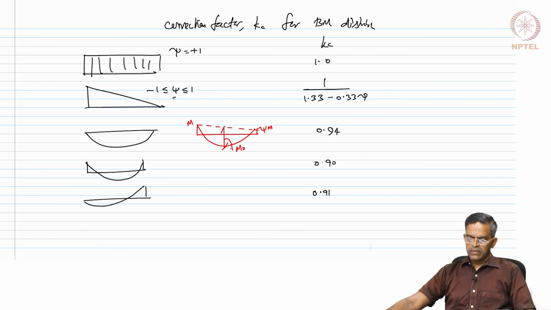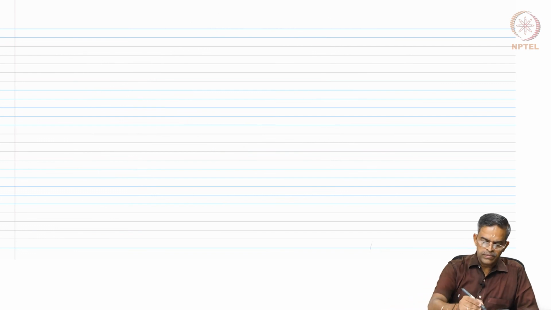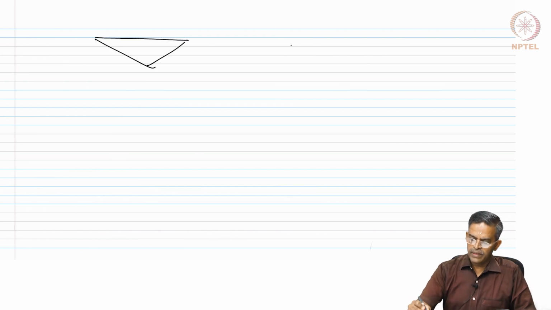So, if we have a triangular distribution, then k is 0.86.